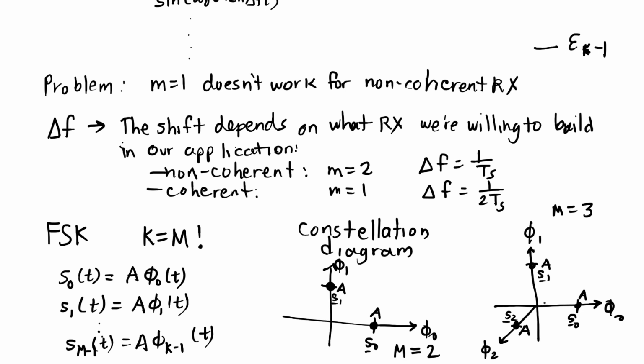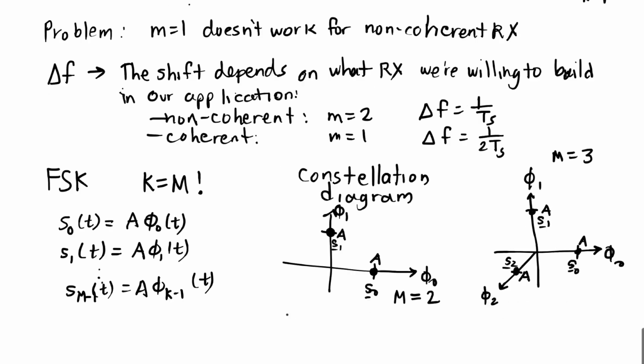So M equals 4, obviously I'm not going to be able to draw it, but if I were to draw 3 of the basis functions at any time, I'd be able to draw 3 of the symbols in that constellation diagram. And they're all going to be a away from the origin on one of the axes.